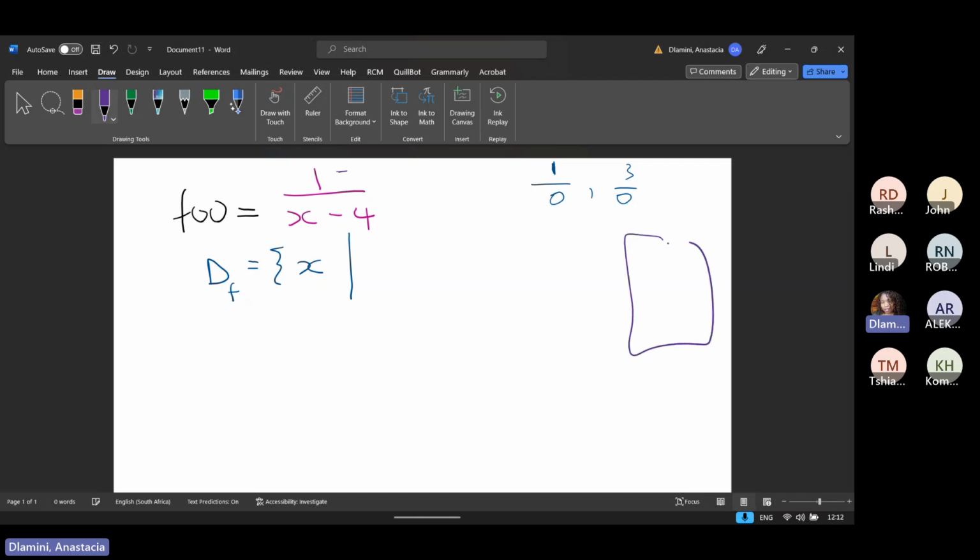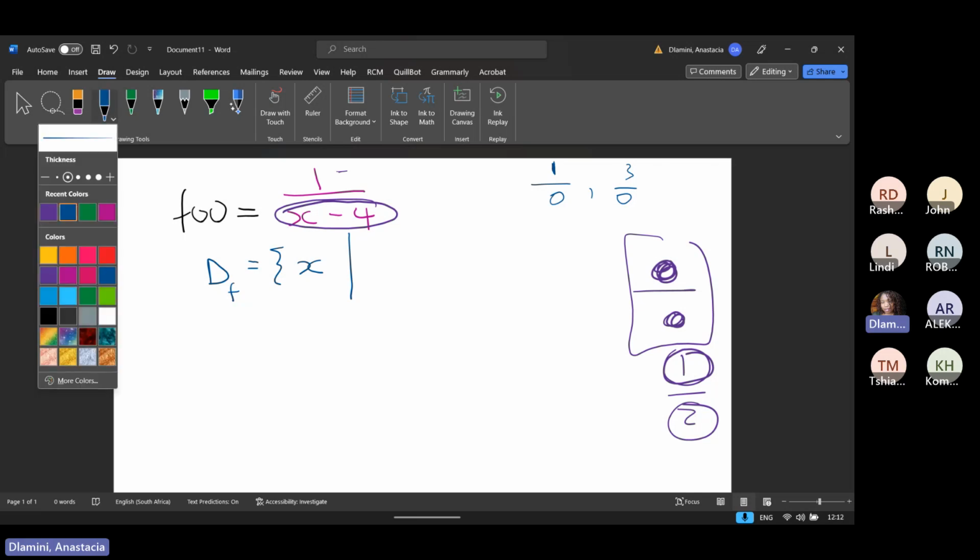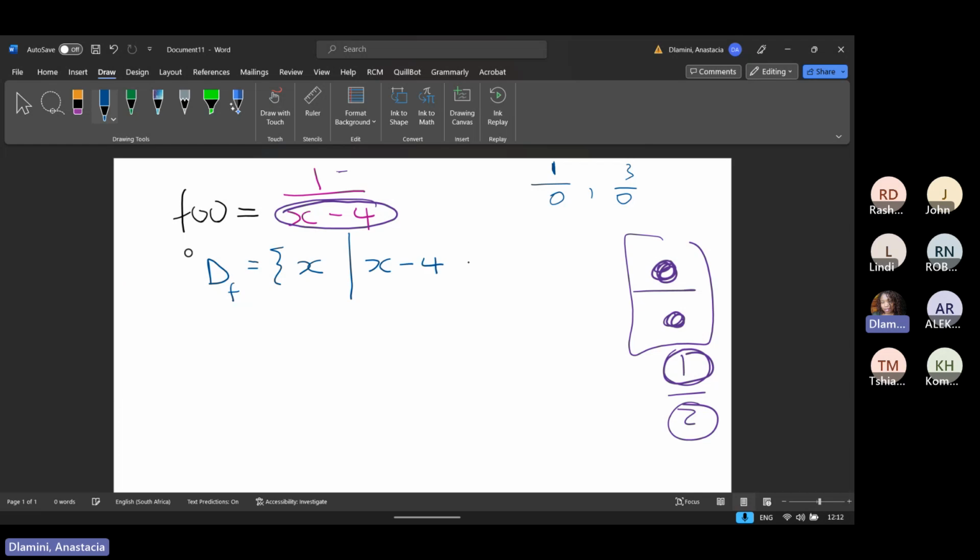If we don't remember properly, if we have a fraction, the top part is the numerator and the bottom part is the denominator. 1 over 2: numerator is 1, denominator is 2. So when we are finding the domain, the denominator of the function should not be equal to 0. So x minus 4 should not be equal to 0.